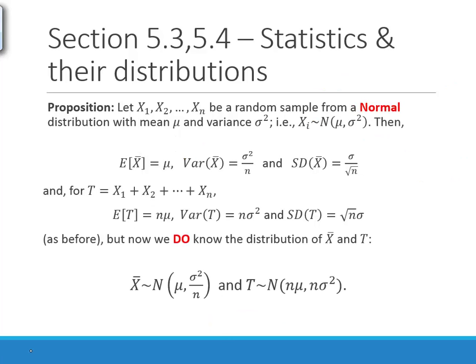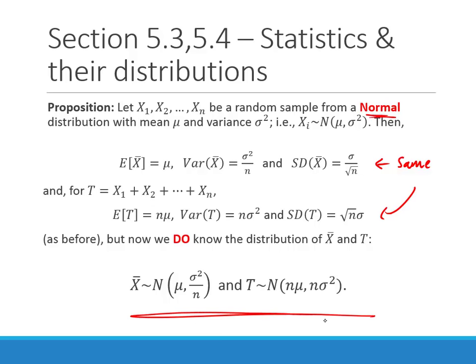The next thing we looked at was, so now let's take the same setup, except now the random sample I have is from a normal distribution. So this is top of page 13, I guess now. So same setup. They have mean mu, variance sigma squared, but again, each individual thing has a normal distribution. Then these two things are the same as on the previous slide, so that doesn't change at all.